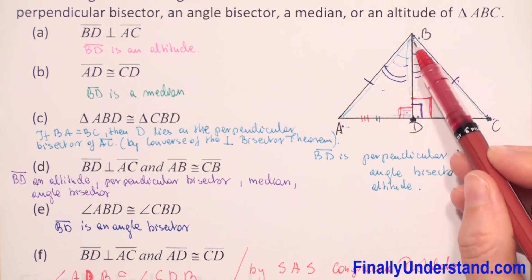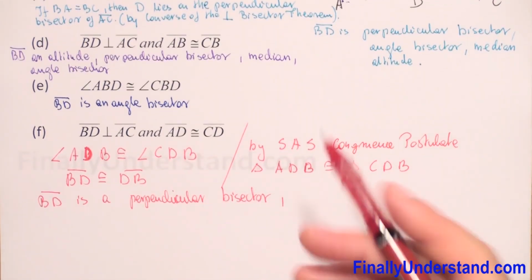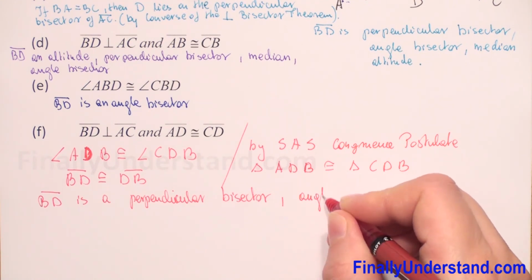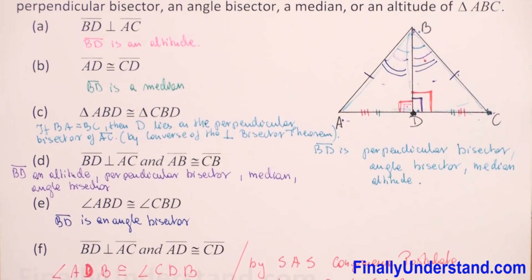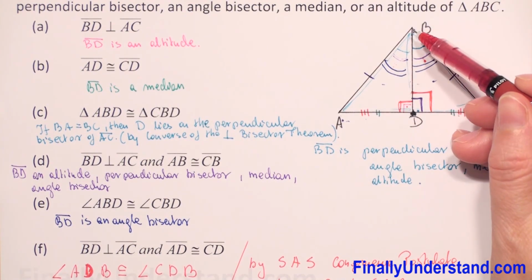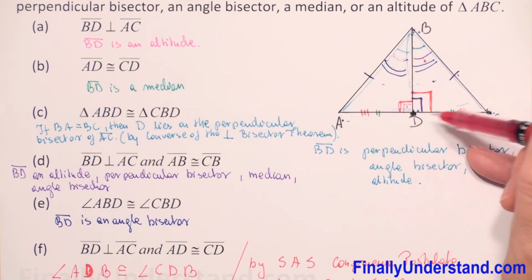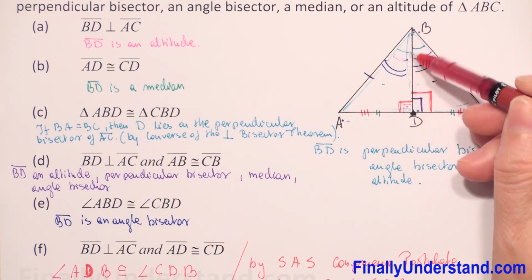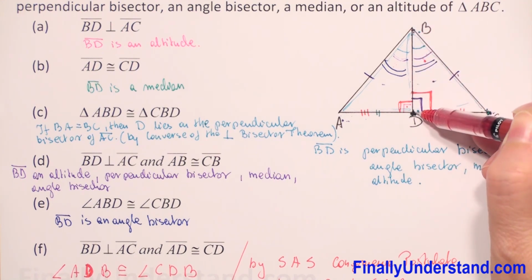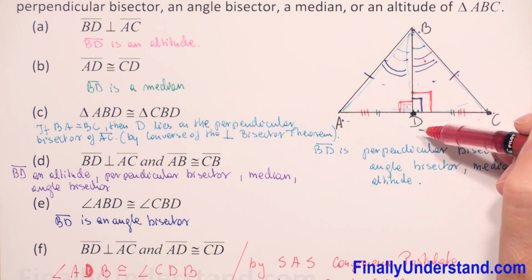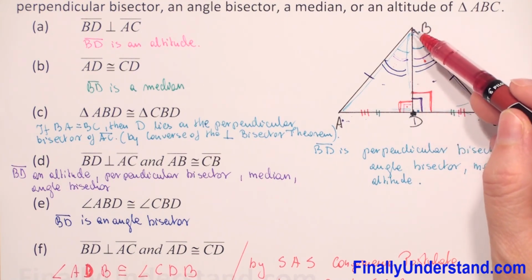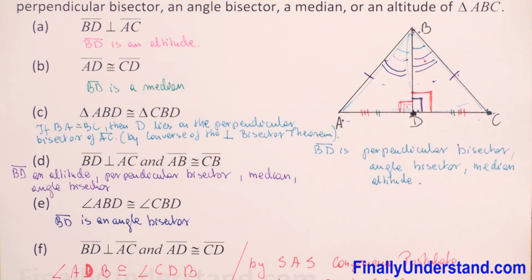So BD is angle bisector. Next, because D is the midpoint of segment AC and BD connects the vertex with the midpoint of AC, it means that segment BD is median, because median is a segment from vertex to the midpoint of the opposite side.